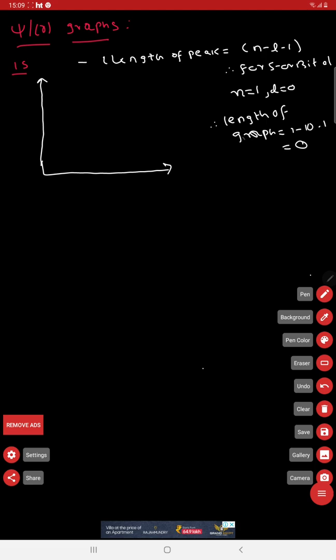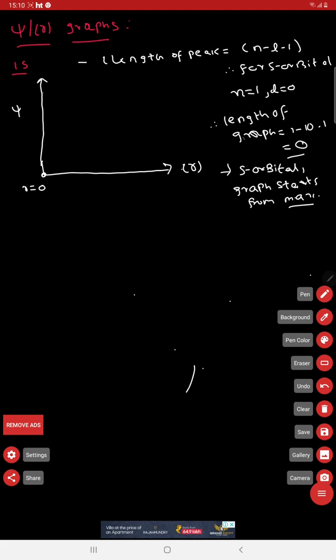Now how to draw it? You need to draw psi versus r, and as I have told you, for s orbital the graph starts from the maximum, and this is r equal to 0.